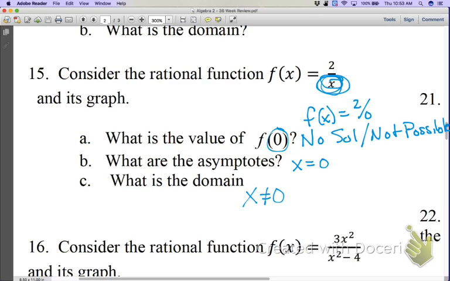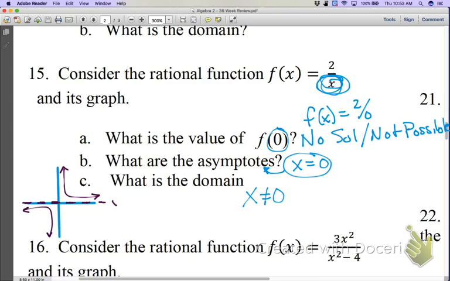If I would graph this, it's going to look something like this, and like that.